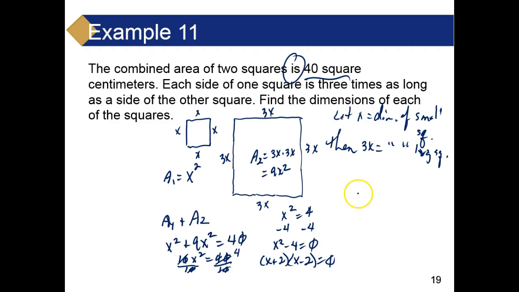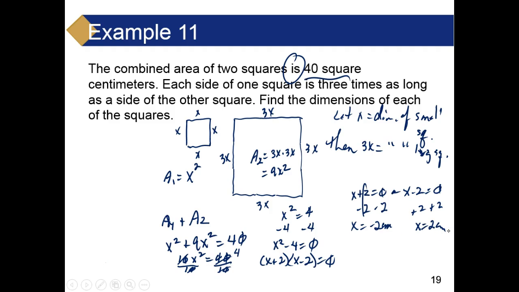And what does that give us? x plus 2 equals 0, or x minus 2 equals 0. Subtract 2 from both sides, and that gives you x equals negative 2 centimeters, or add 2 to both sides, and that gives you x equals positive 2 centimeters.